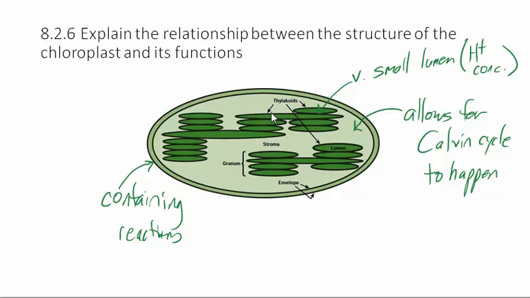And you see that the surface area of these thylakoids is quite considerable. They're large. And this allows for multiple hydrogen ions to flow across and a lot of photosystems to be present so that ATP can be created.